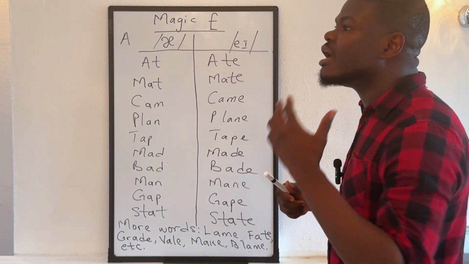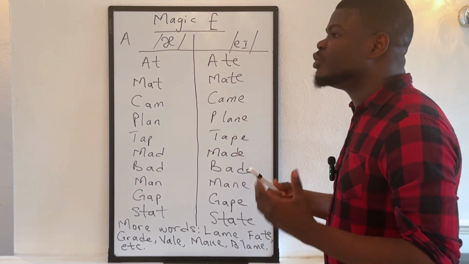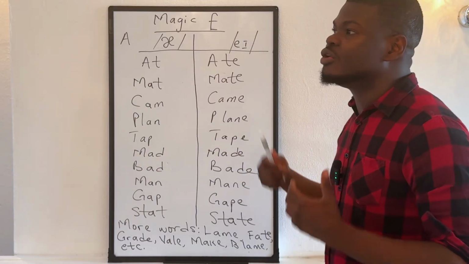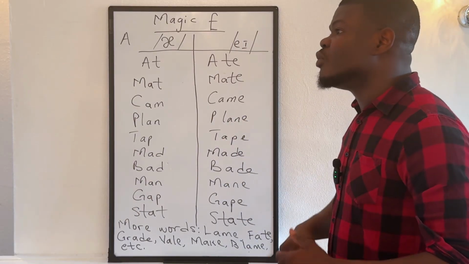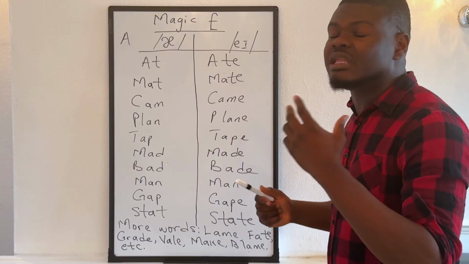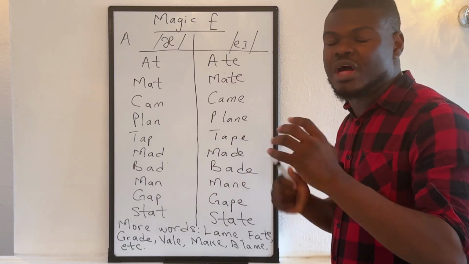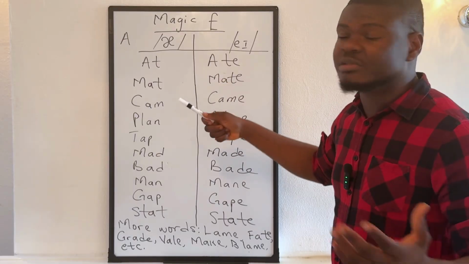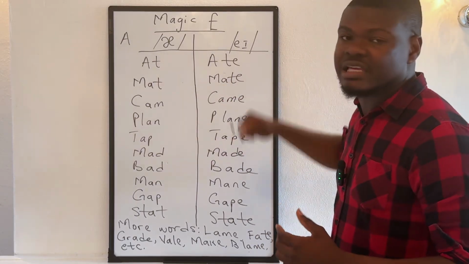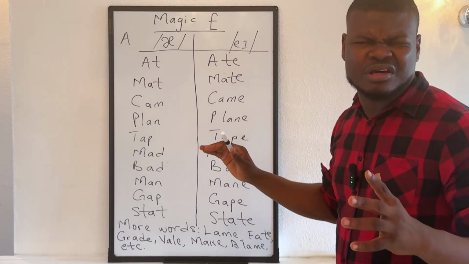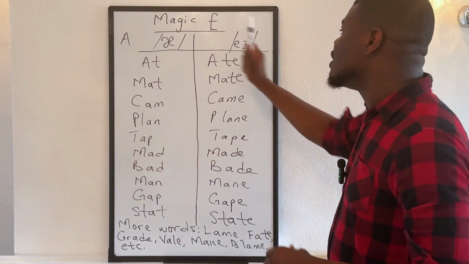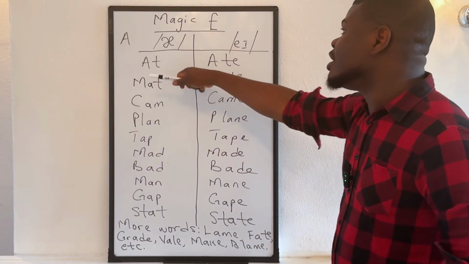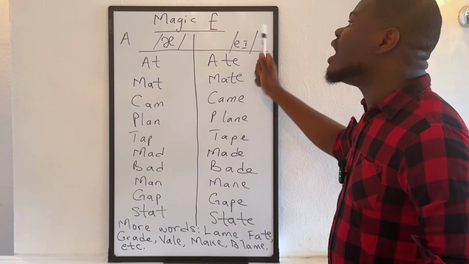So when you see a word that you would have thought should be pronounced using the at sound, like at, when you see that word having the letter E at the back of that consonant sound, it's 90% of the time, most times, it changes to the A sound. Is that simple enough? I believe it is. So we have at without the magic E, plus the magic E, we've got ate.